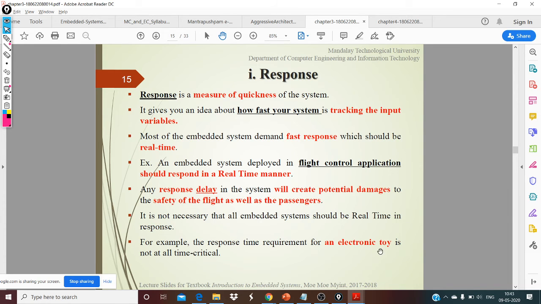Let's take an electronic toy, which is also an embedded system. Again, as I said, there are hard real-time systems and soft real-time systems. An electronic toy, let's say Talking Tom toys. I bought one for my daughter. You say something and it repeats what you said in a funny voice. So it has to do it instantaneously.